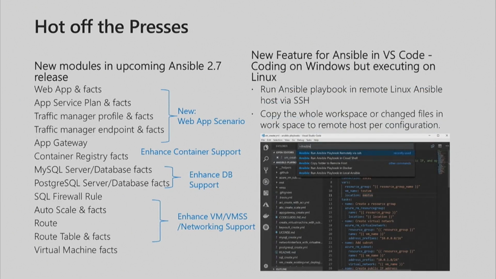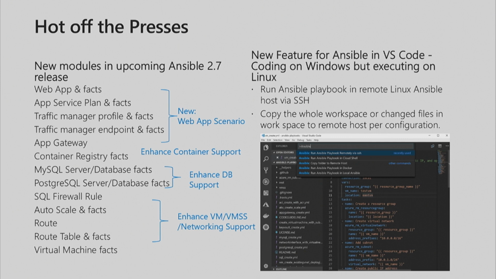All right, so the next release of Ansible is version 2.7, and there are a whole bunch of new things that are coming there. We're actually enabling the web app scenario, so you can deploy using Ansible to Azure web apps directly. And then we're doing some enhancements around containers and databases and networking and stuff like that.